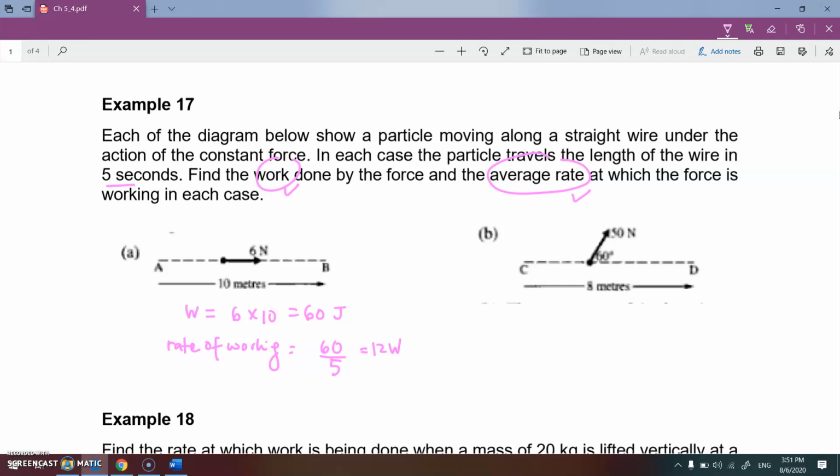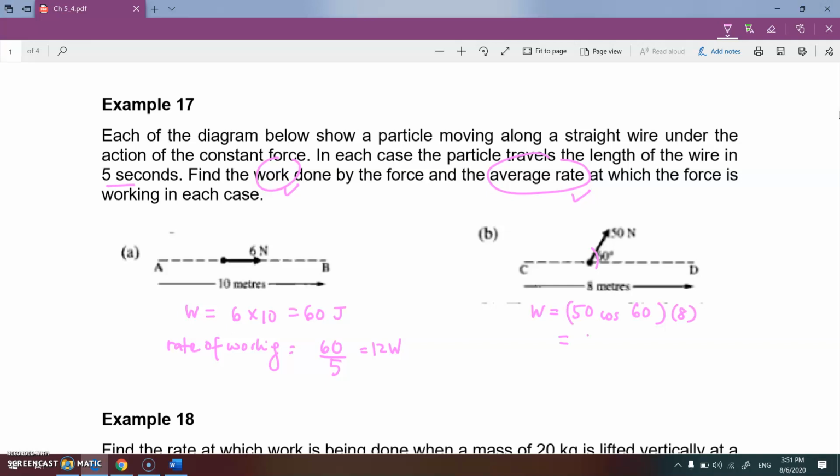Okay, for question B, you have an angle. The same as before, we need to find the work done, which is the force times the distance. Since you have an angle here, you have to use cosine 60, and then times 8 meters.